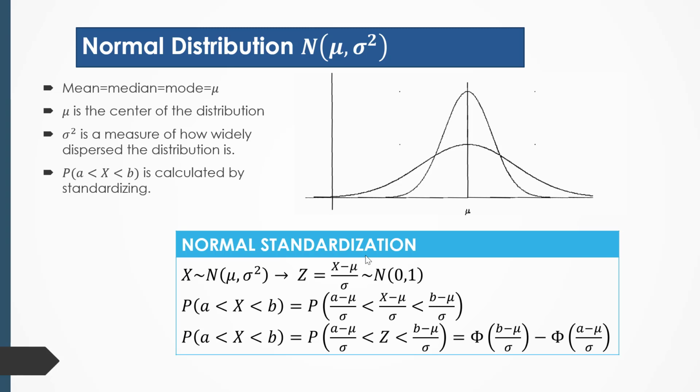The TI-30XS MultiView is not a scientific calculator, so you cannot find the probability of a general normal distribution without standardizing the problem. So again, for a general normal distribution, standardize first and then make use of the z-score table.